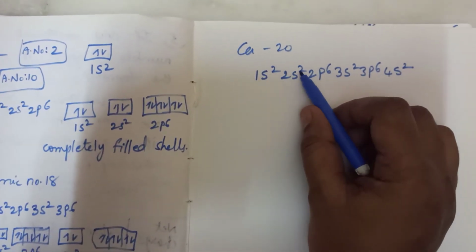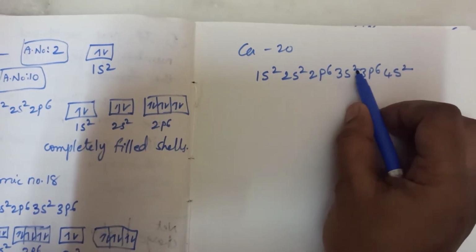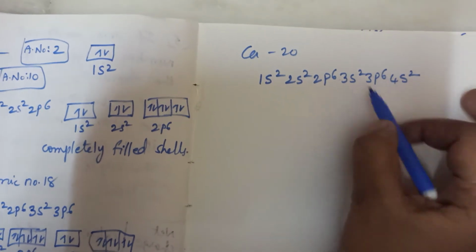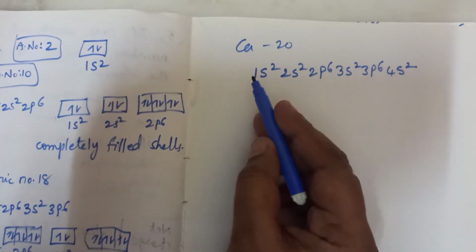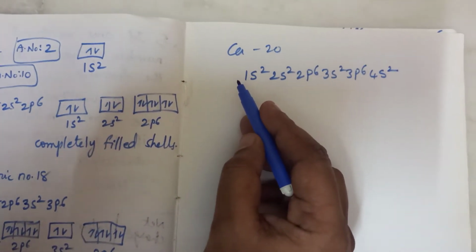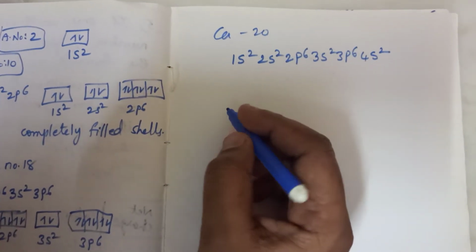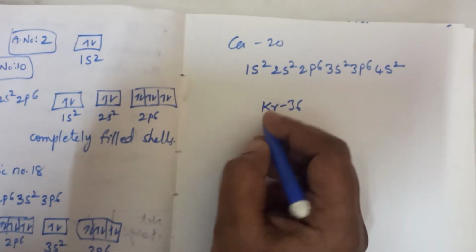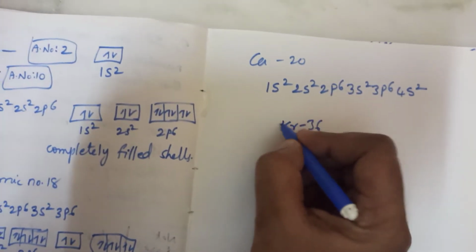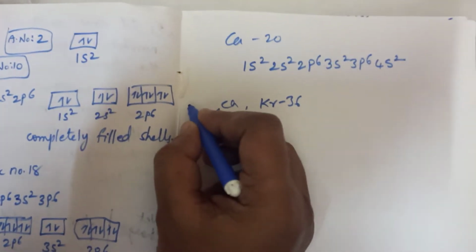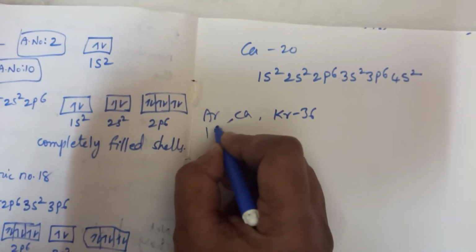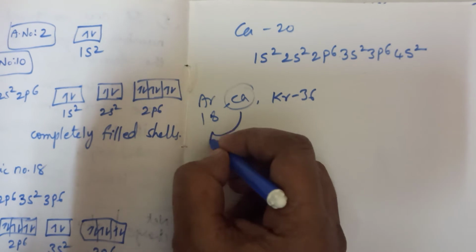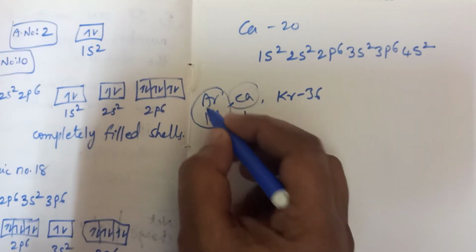Here 2 plus 2 is 4, plus 6 is 10, plus 2 is 12, plus 6 is 18, plus 2 is 20. The next noble gas element is Kr 36, and before calcium we have argon 18. So calcium, on the basis of the octet rule, wants to get the noble gas configuration of Ar 18.